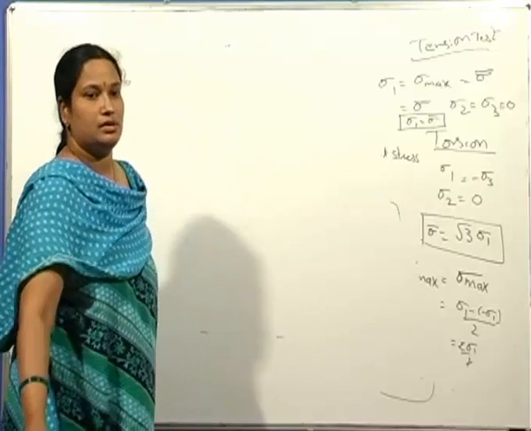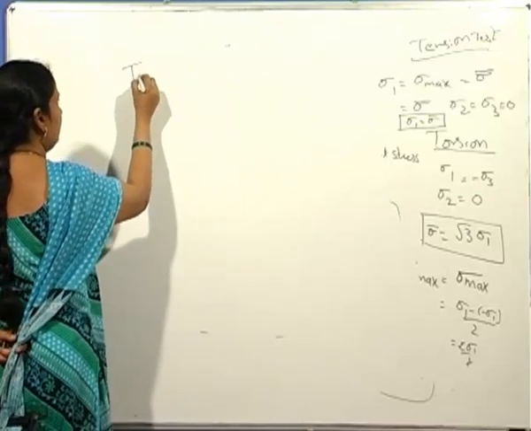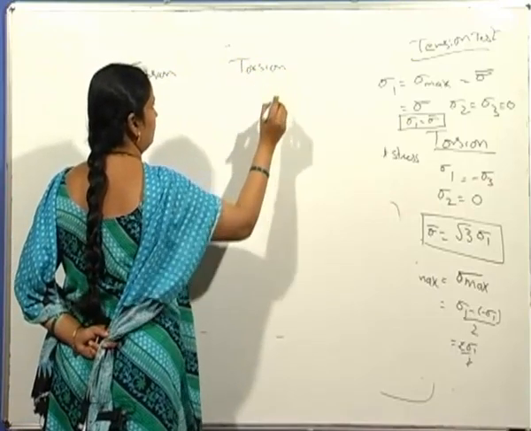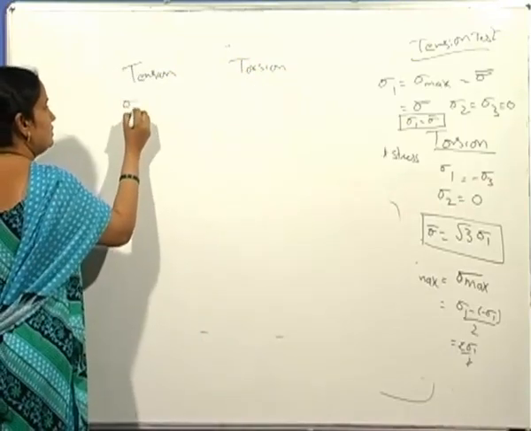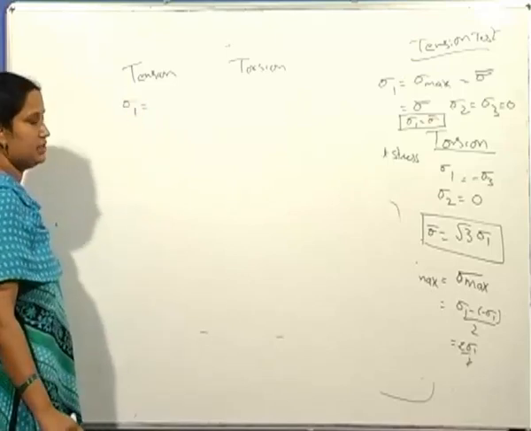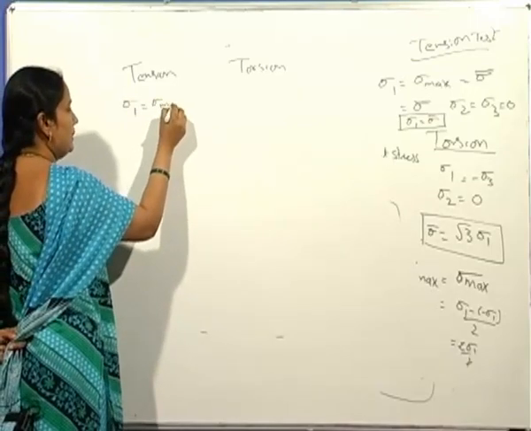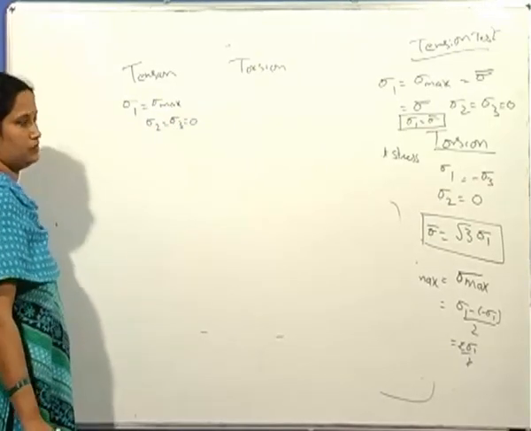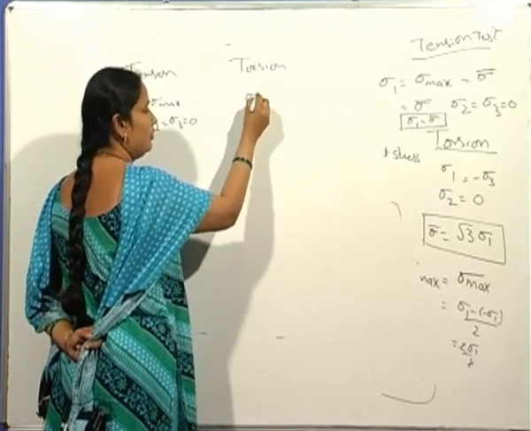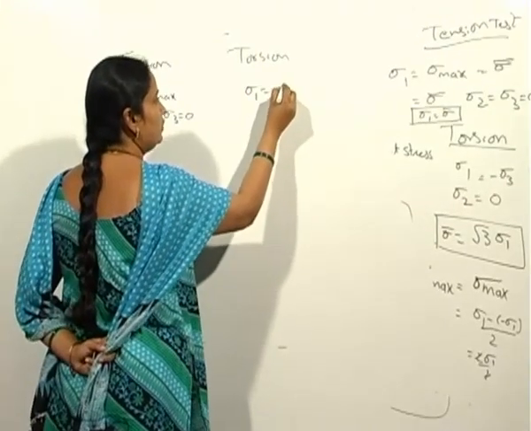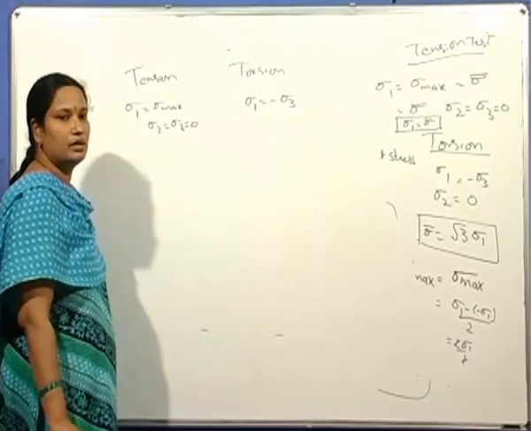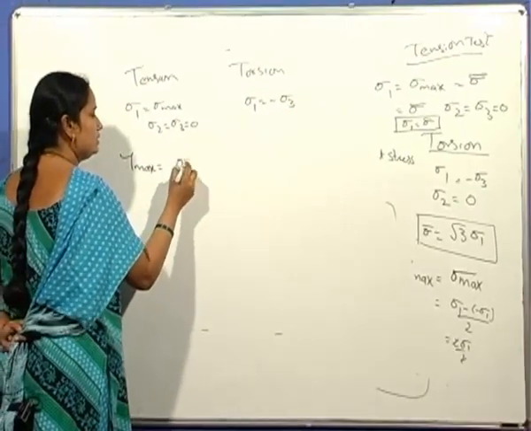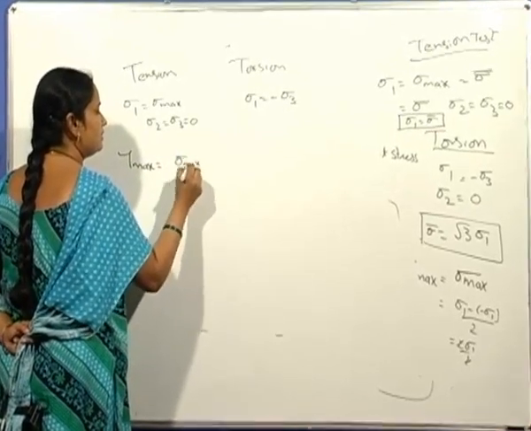So summarizing the differences between tension and torsion, we have sigma 1, it is the uniaxial tension test. So sigma 1 is equal to sigma maximum, and in the other directions 2 and 3 we have 0 stress. Whereas torsion is a state of biaxial stress. Sigma 1 is equal to minus of sigma 3. And maximum shear stress, tau max, is equal to sigma max by 2.